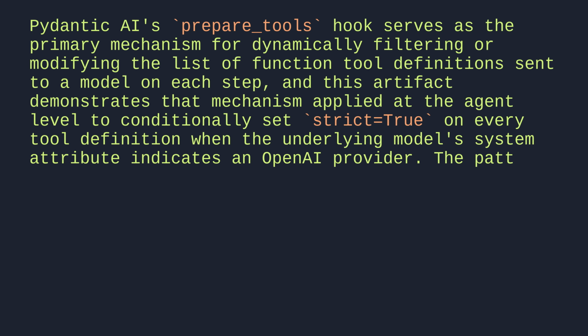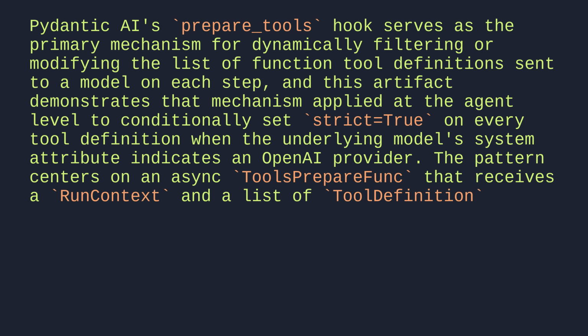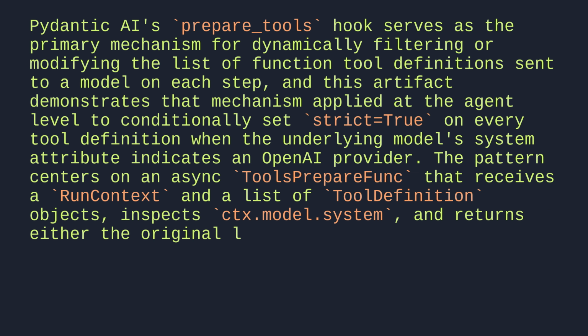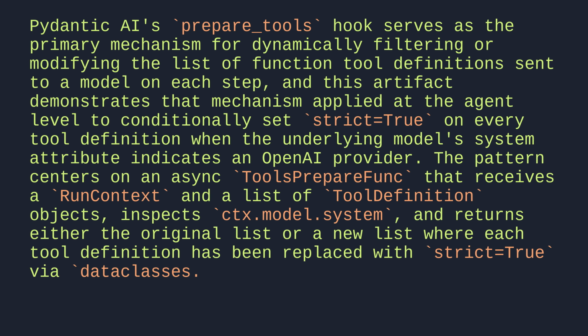The pattern centers on an async tools prepare function that receives a RunContext and a list of tool definition objects, inspects ctx.model.system, and returns either the original list or a new list where each tool definition has been replaced with strict equals true via dataclasses.replace.